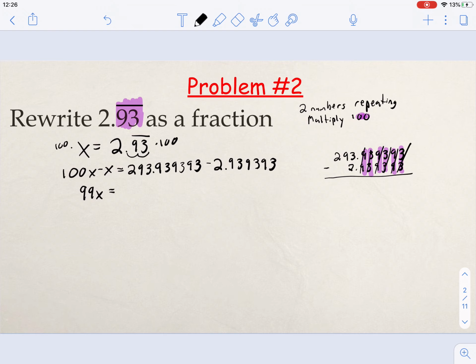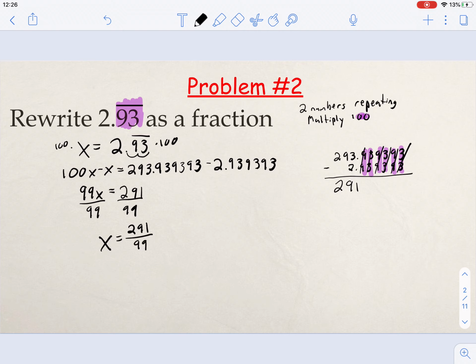So I'm done with my repeating decimal, and I'm just left with 291. Now I need to solve this for x, so I would divide both sides by 99, and I have x equals 291 divided by 99.